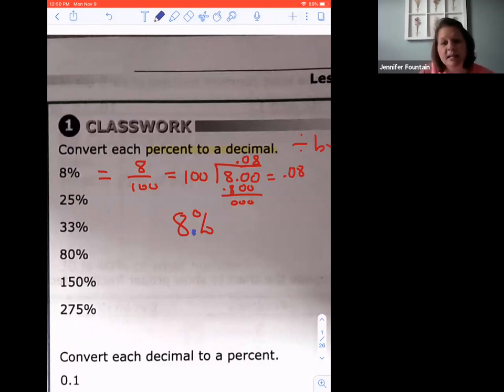In 8%, my decimal is right after the 8. So dividing by 100 is going to be the same as moving my decimal 2 places to the left.